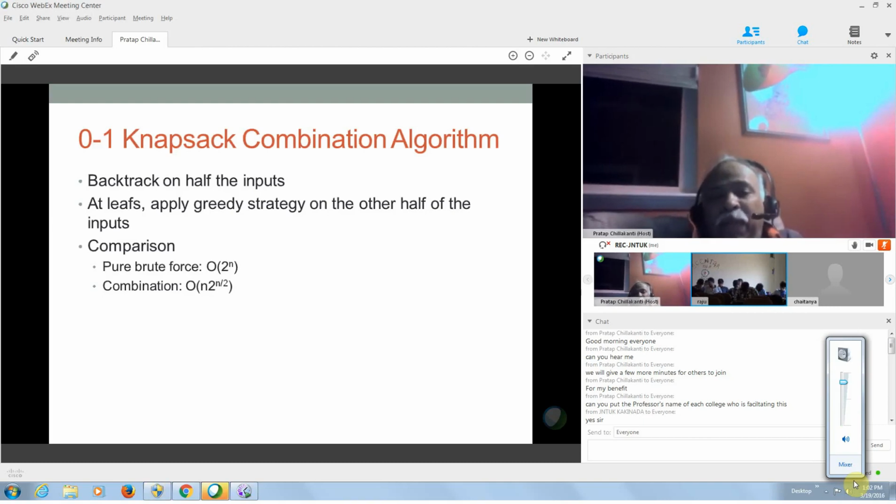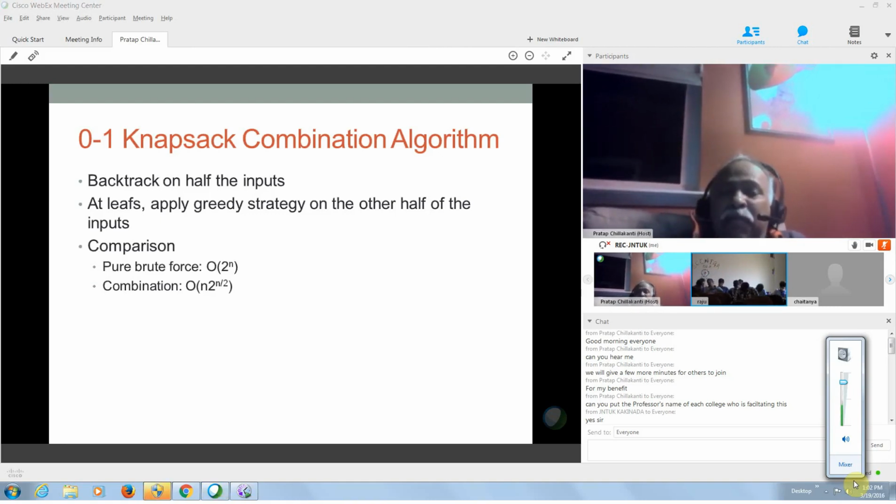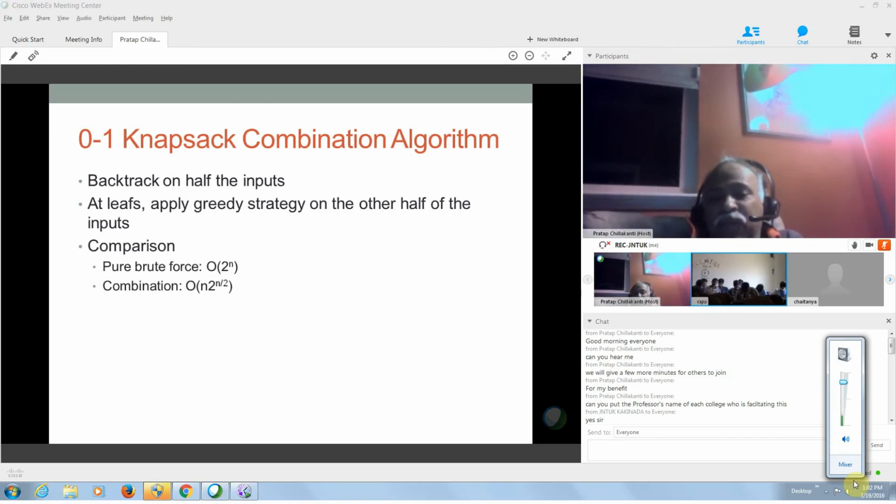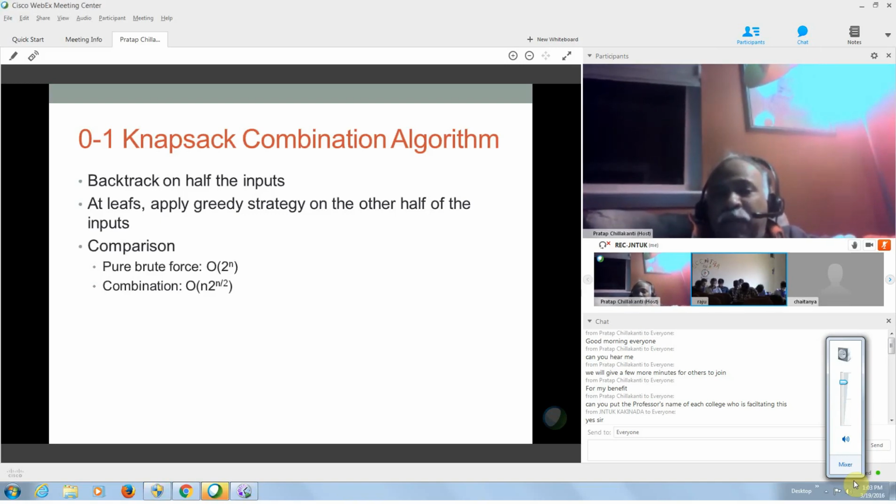depth on that. Obviously, if you do brute force, if there are n elements, there are 2 raised to n. We already know that, right? By applying a backtracking technique, you are basically getting a combination of n 2 raised to n over 2. Okay. You still see some, it's still a high number, right?